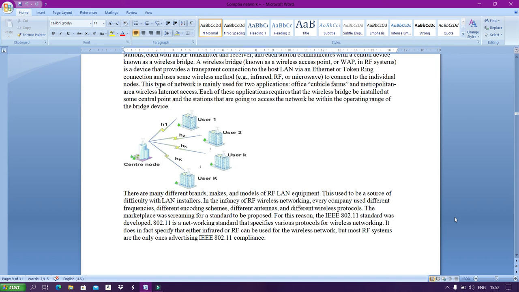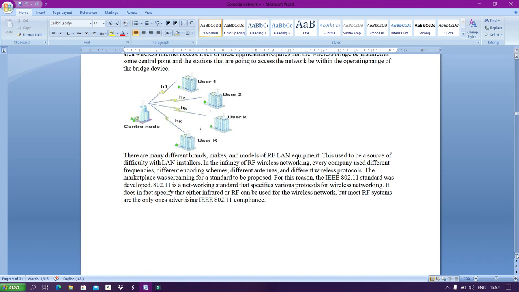For this reason, the IEEE 802 standard was developed. 802.11 is a networking standard that specifies various protocols for wireless networking. It does in fact specify that either infrared or RF can be used for the wireless network, but most RF systems are the only ones advertising IEEE 802.11 compliance.